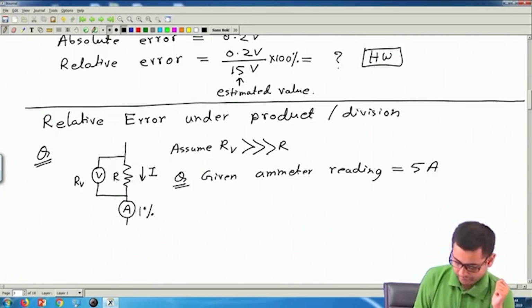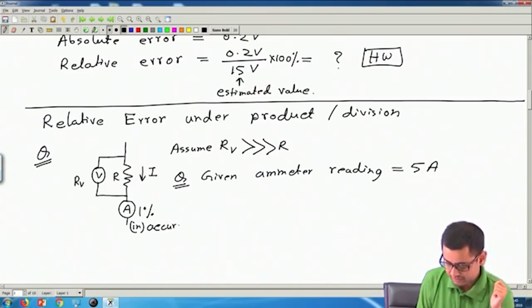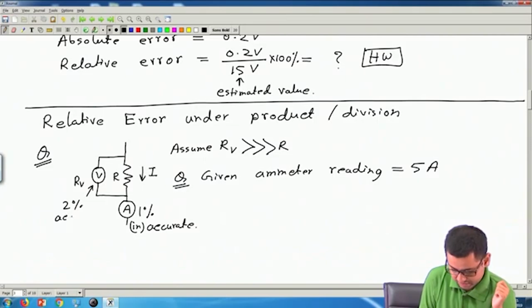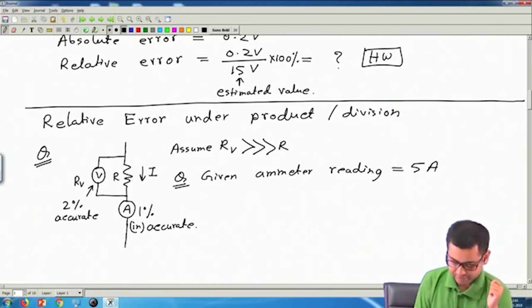That means 1% inaccurate actually. I will not write this in always. And say this voltmeter is 2% accurate. I actually mean inaccurate. I'm not writing it again and again. I think the meaning is now clear to you.